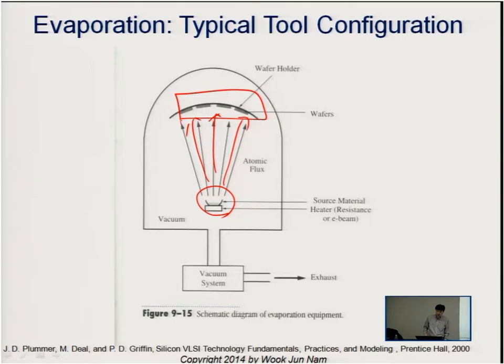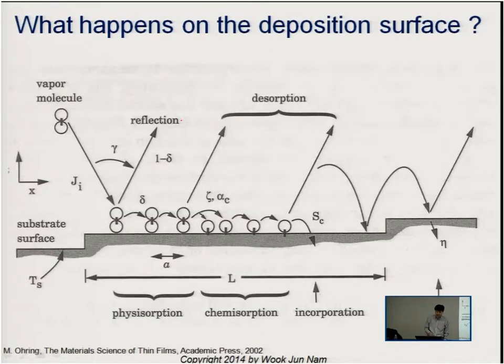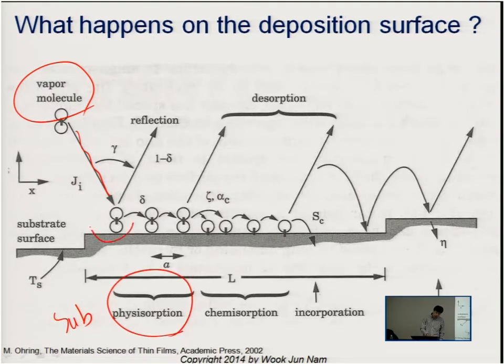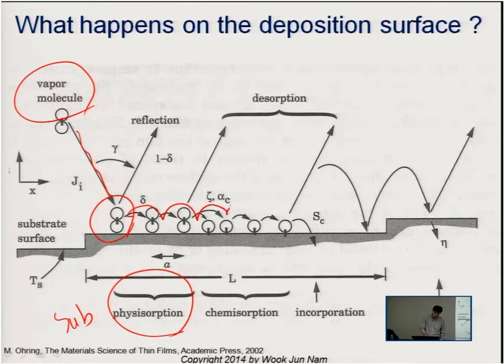So what happens at the substrate is those vapor molecules first fly onto the substrate, and then physically land on the substrate, hop around to find the right place to settle down, and finally after the chemisorption these vapor molecules become a film.